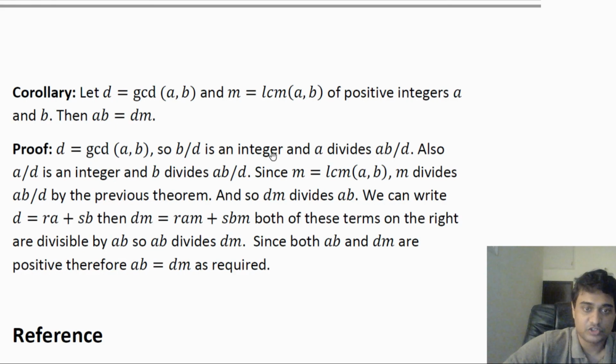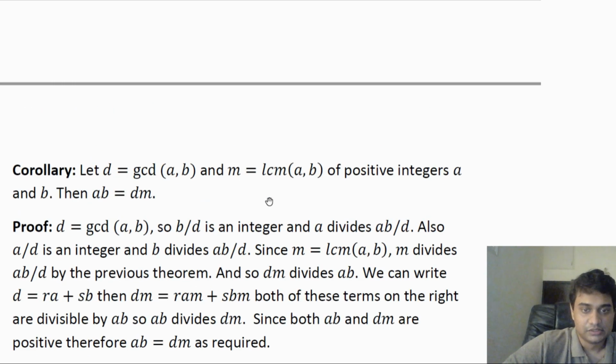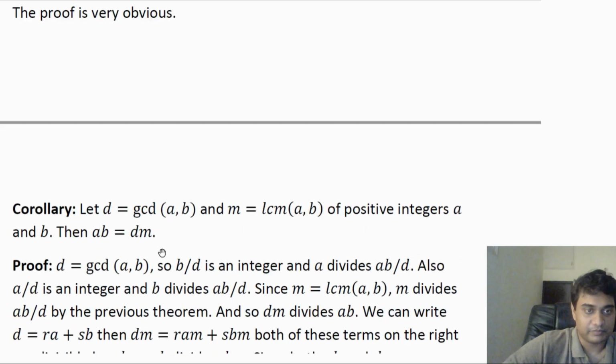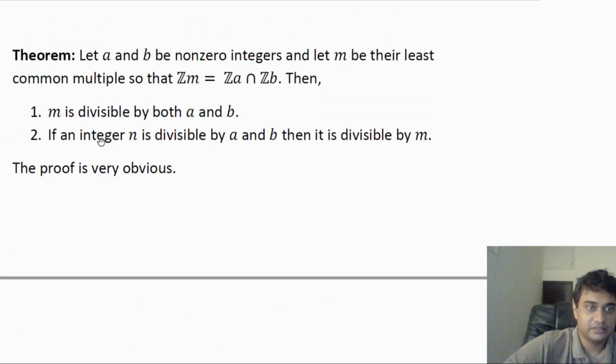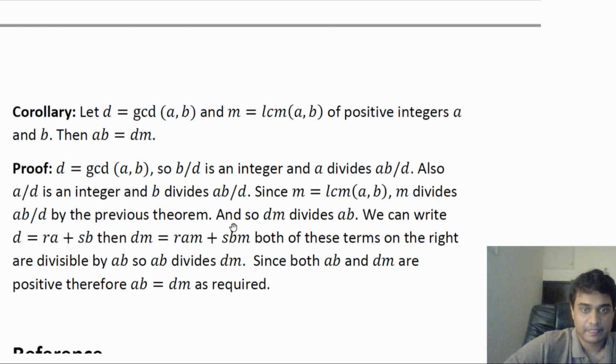M is the least common multiple. From the previous theorem, if n is any common multiple of A and B, then M divides n. The least common multiple divides n.